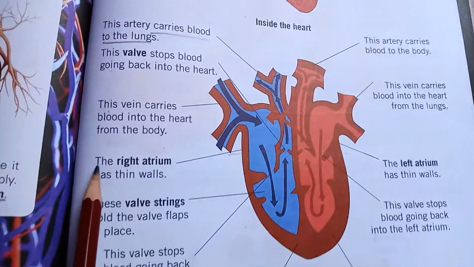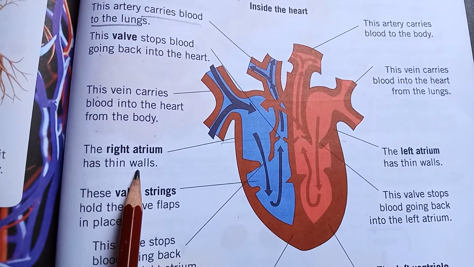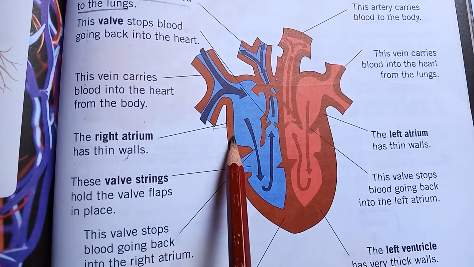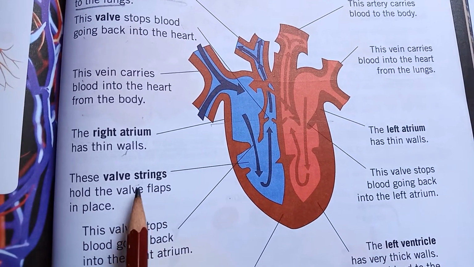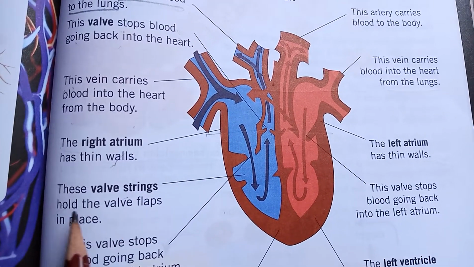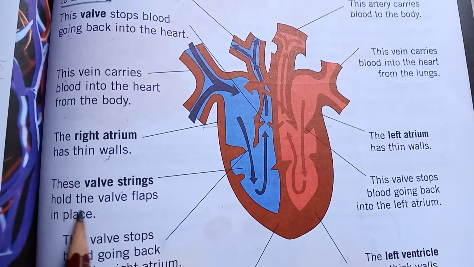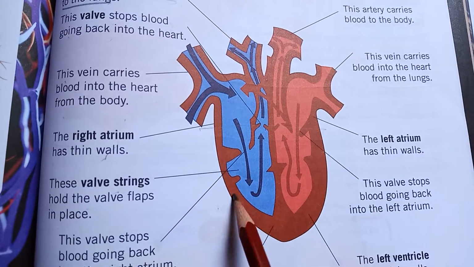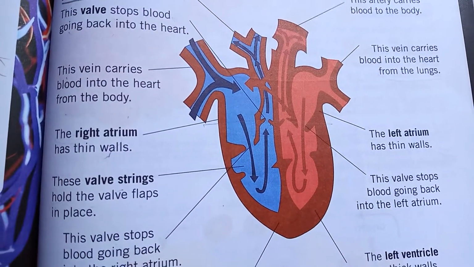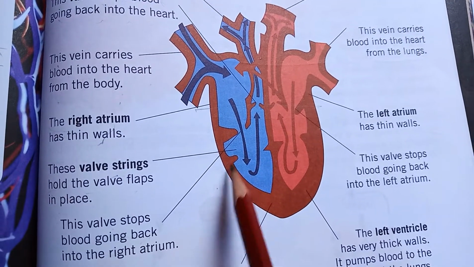The right atrium has thin walls. These valve strings hold the valve flaps in place, and this valve stops blood going back into the right atrium.